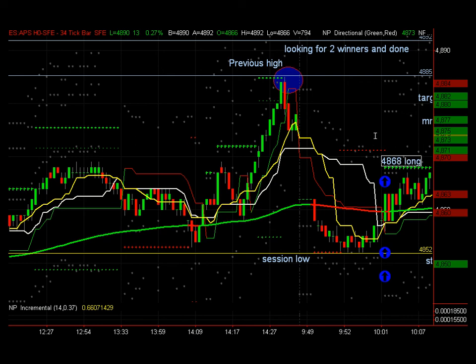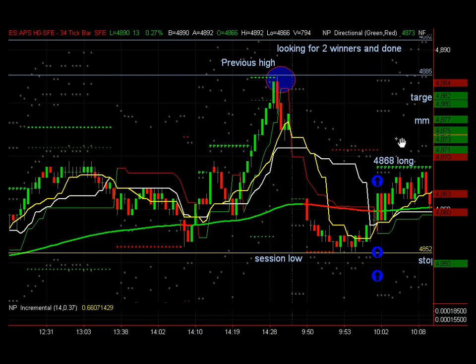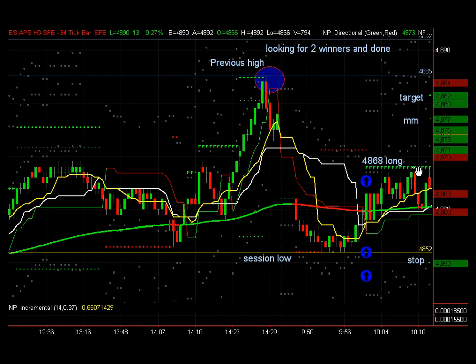There's our long. That's a working order at the moment, hasn't triggered yet, and at 10:13 we actually touch that entry point, so 10:13 gets us long.